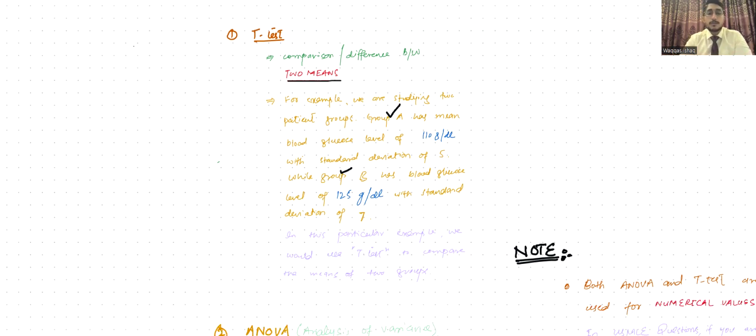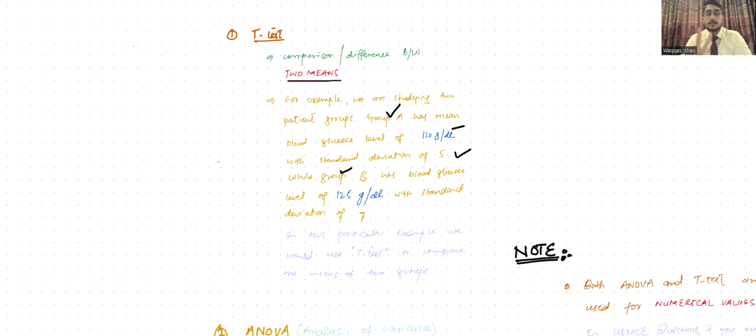Group A was found to have a mean blood glucose level of 110, okay, with a standard deviation of 5, but the mean is 110. While group B has a mean blood glucose level of 125 with a standard deviation of 7.